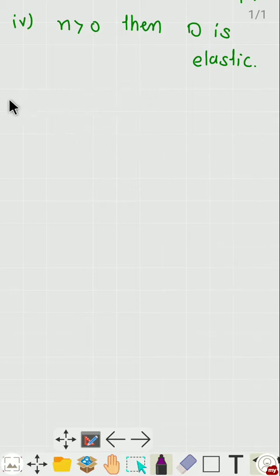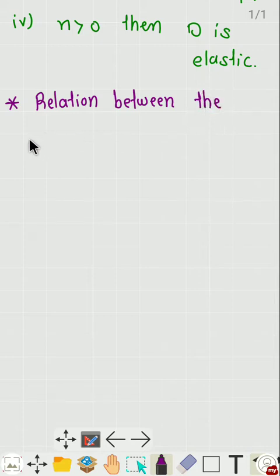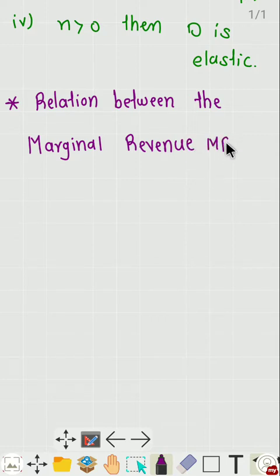So let us write the next point in this lecture: relation between the marginal revenue MR and eta.